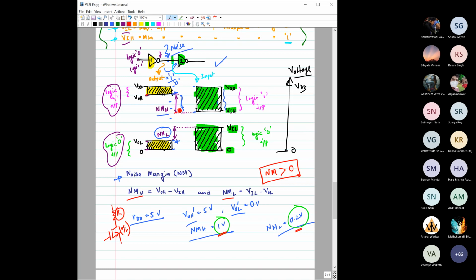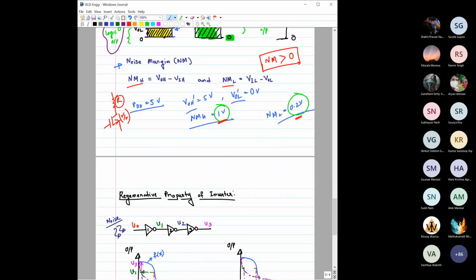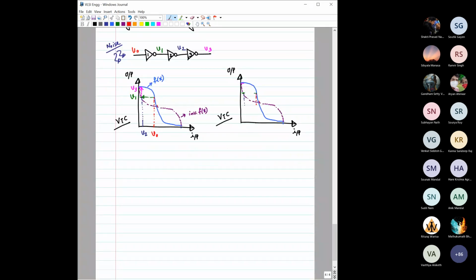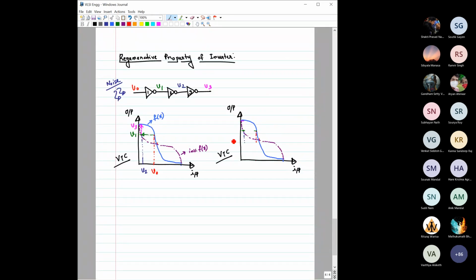Okay, if this part is clear, then let us see the last topic for today's class, which is called the regenerative property of inverter. Instead of 2 inverters, let us say we now have 3 inverters, with V naught as the input.